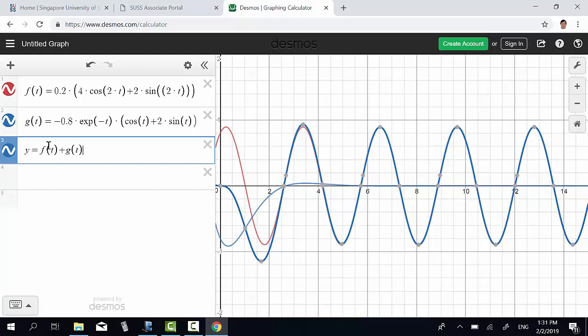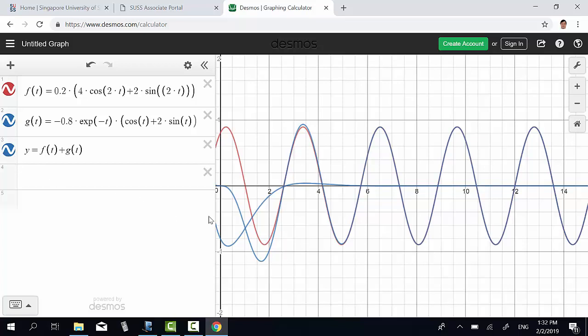Then you see the final current, which is in dark blue here.